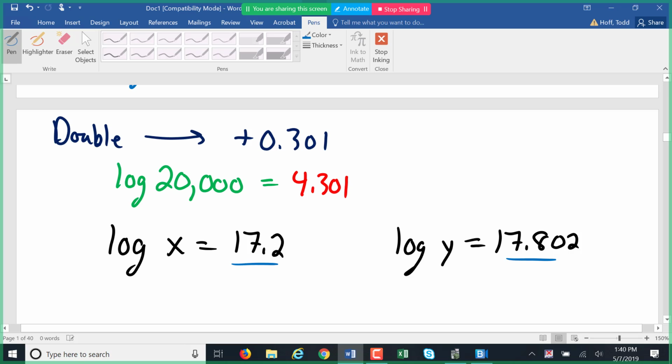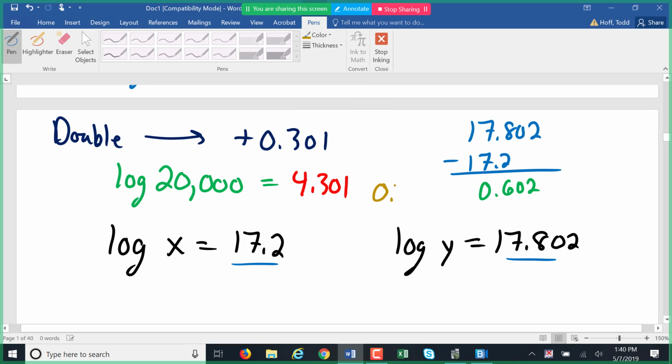The difference between those logs, 17.802 minus 17.2, is 0.602.